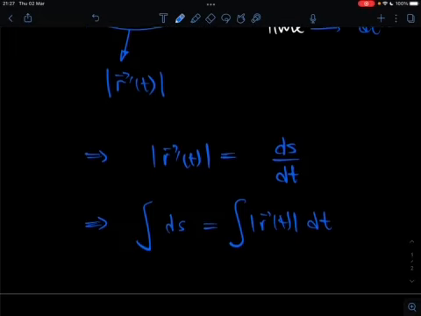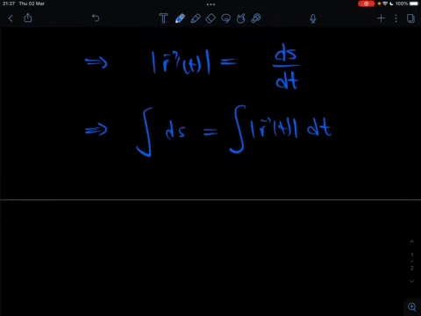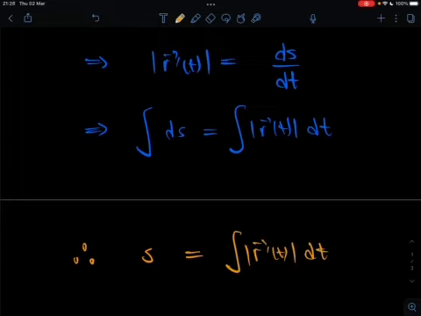So therefore we can now see that if I integrate on the left hand side, I obtain s, which is just the integral of |r'(t)| dt.